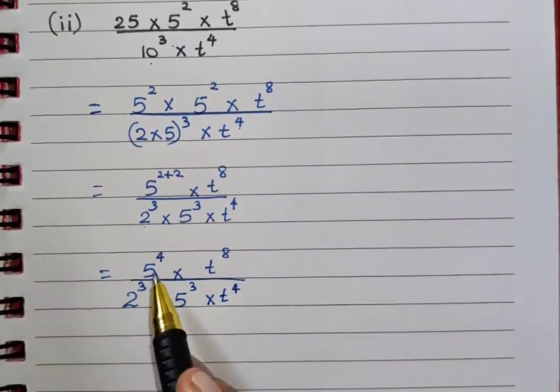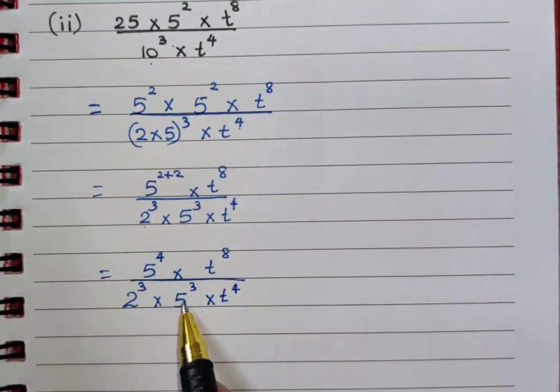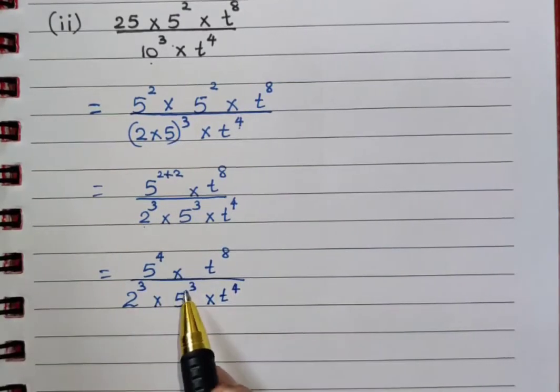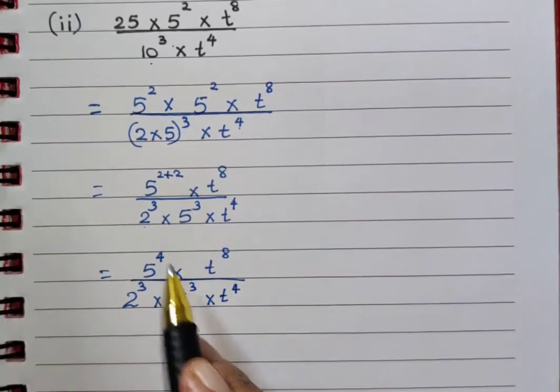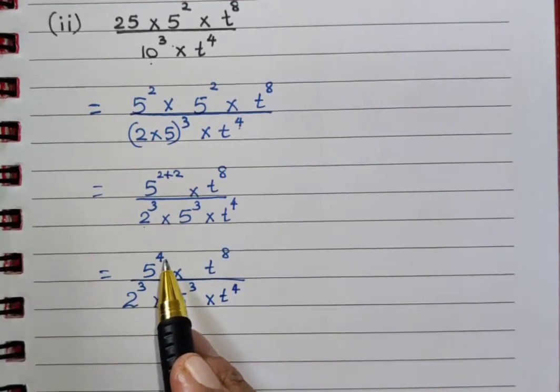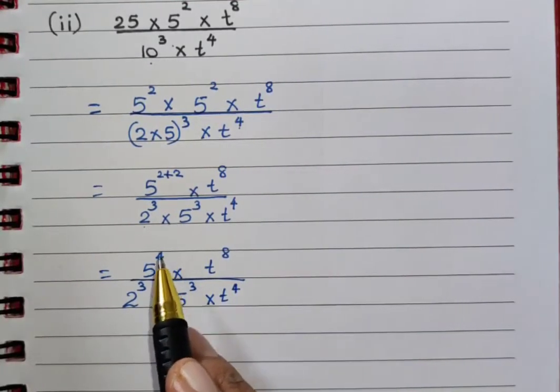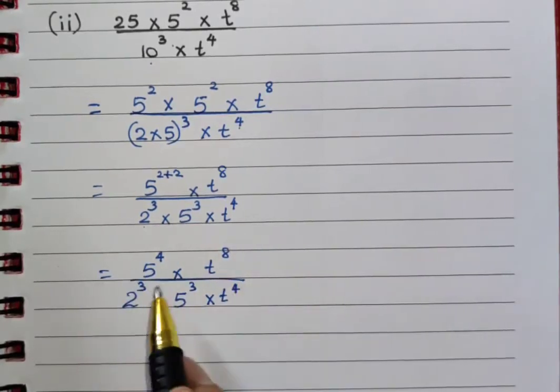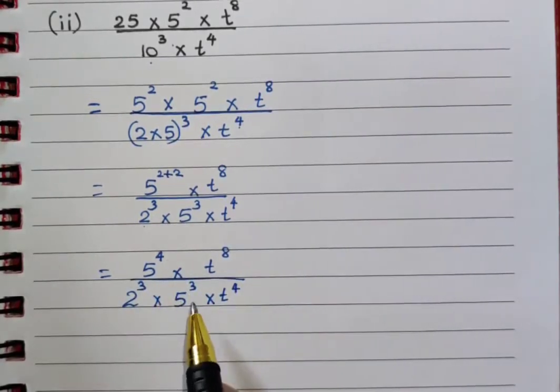Now the bases of same one are 5 and 5. They are in division form, so 5 minus 3, so where 4 minus 3. The power is greater where? In the numerator. So subtraction also will come up here in the numerator. We are not going to do it down.